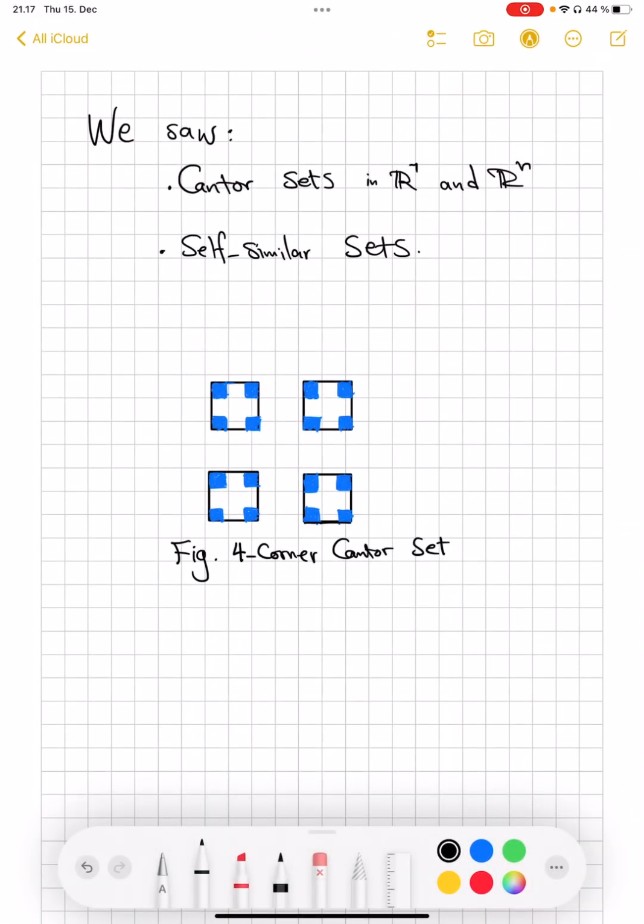Hello. So what we've been doing so far is look at examples of sets in Euclidean spaces that may and may not look similar to the familiar manifolds.